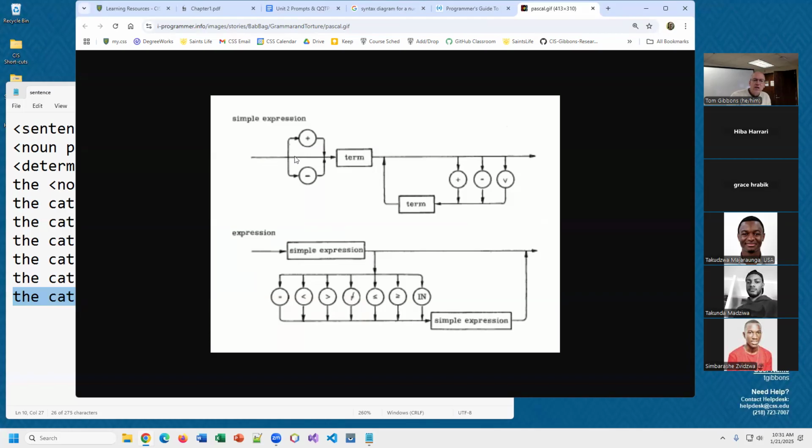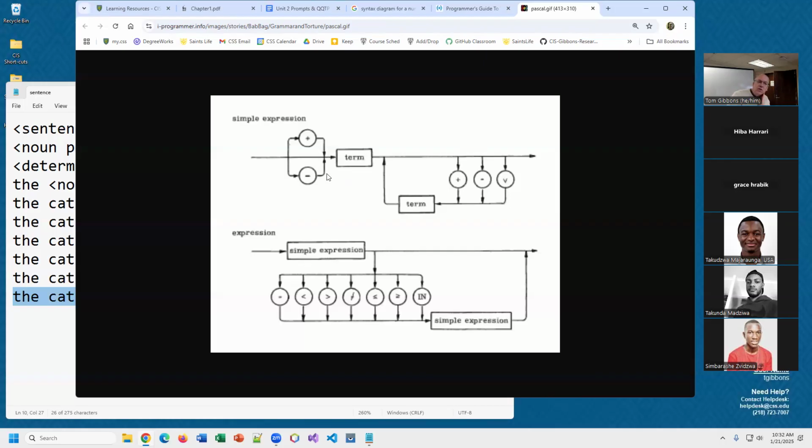So here's an expression, a simple expression. You can have either just a term, or a minus and a term, or a plus and a term. Then you can go in here and have either a plus or a minus and another term, and you can repeat this with another plus or minus.